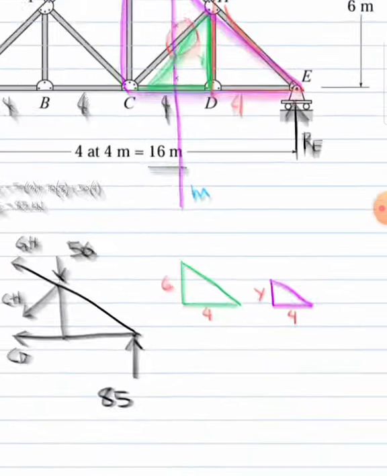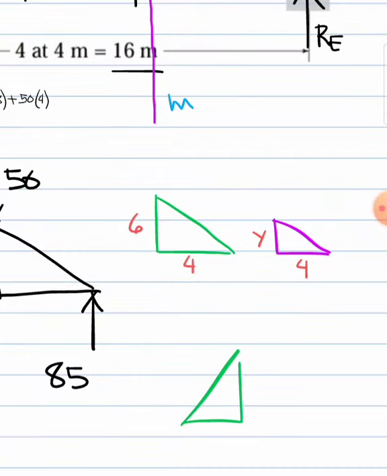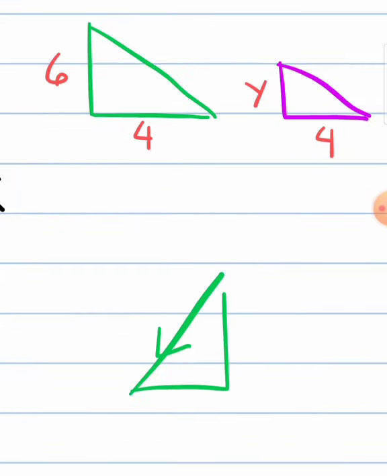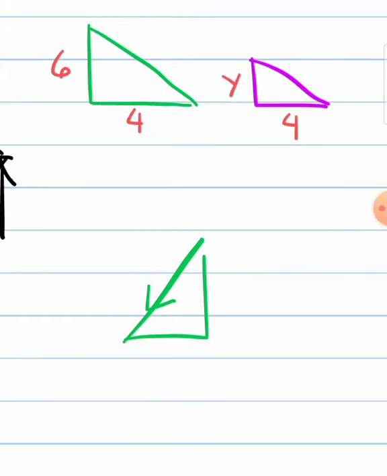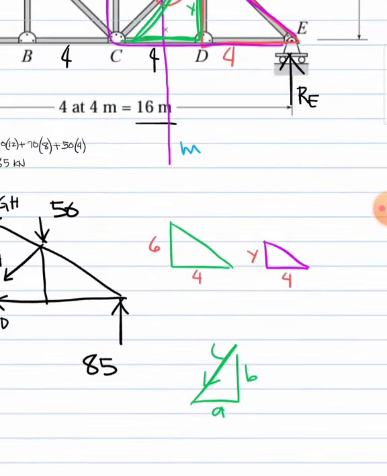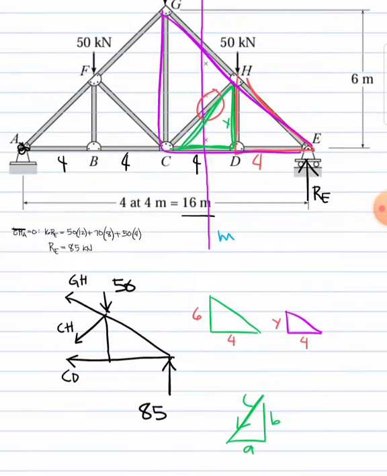So if we know the height and the base of the triangle, we can find the hypotenuse here, and then the sides. With that, we can now find the slope of this CH, right?